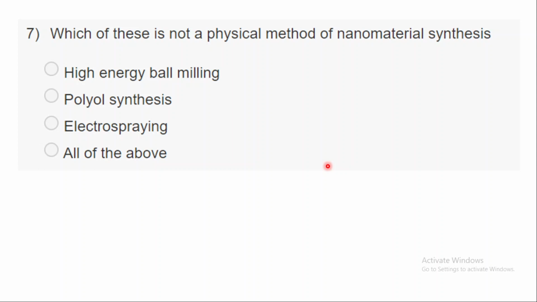Please students just try to answer, even if you answer it wrong, it's totally fine. Need not be ashamed of. Be confident. Type the answer in the chat box. What do you think is the answer for this question? Which of these is not a physical method of nanomaterial synthesis?